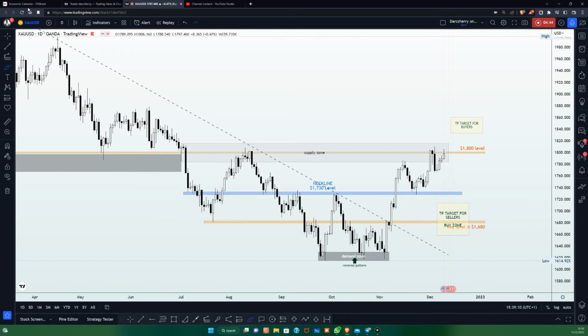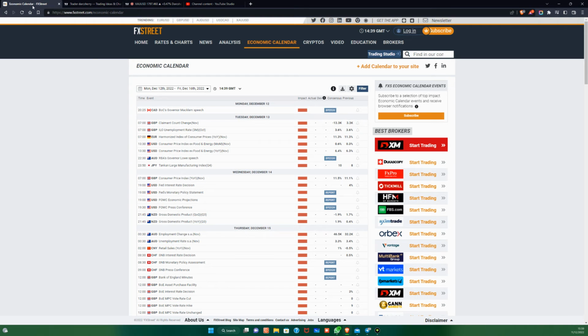So there are a series of macroeconomic events that we shall be looking forward to for this week that will be affecting the US dollar. And if we look at what is going to be happening on Tuesday, we have the consumer price index, which is a very, very strong macroeconomic event.